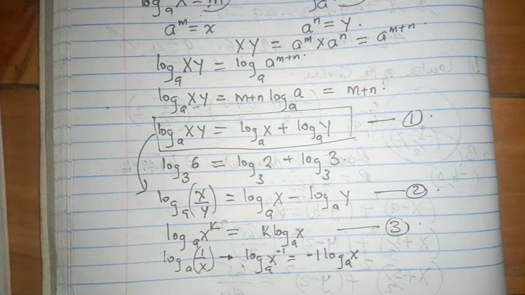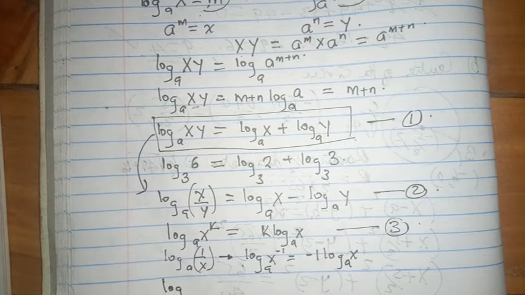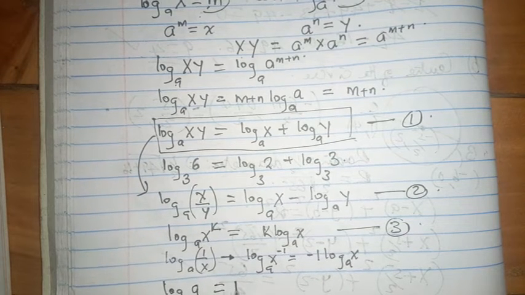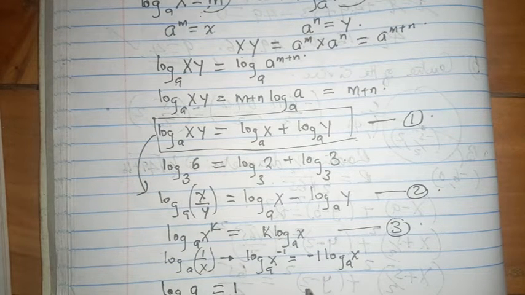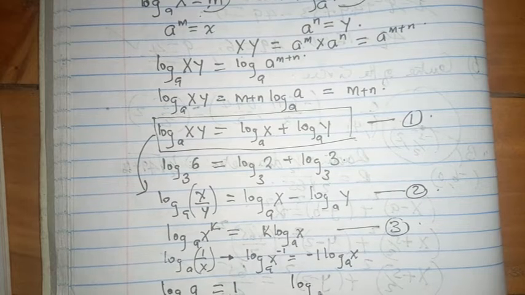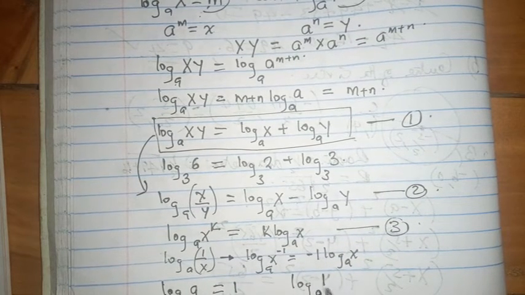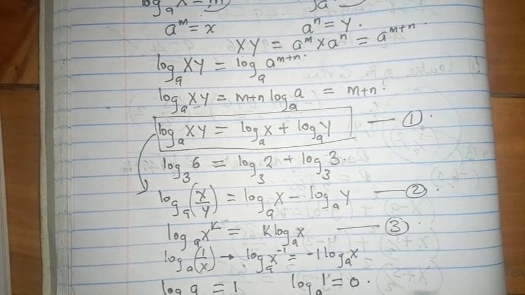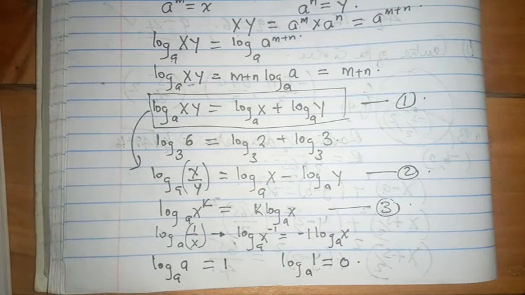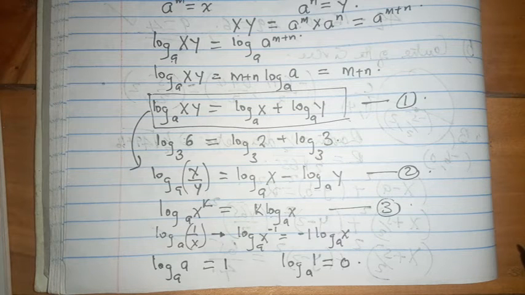Everybody should know that log to base a of a is equal to 1, and log to base a of 1 is equal to 0. You will try this out on the calculators, but that is the lineup of all the laws of logarithms that we are going to use in this topic.